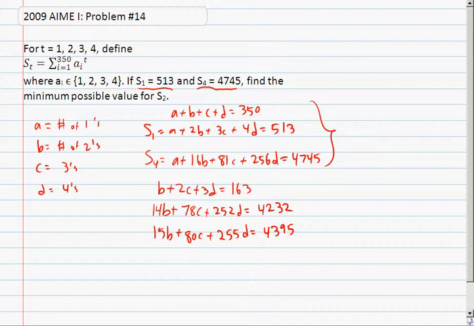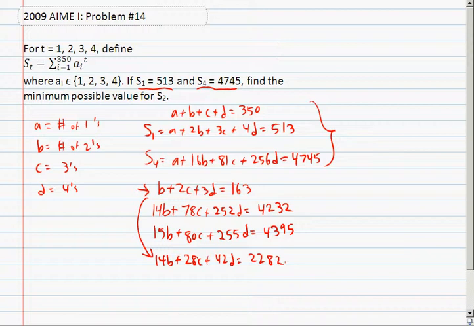So with these equations, what we can do next is take the equation b plus 2c plus 3d equals 163 and multiply both sides by 14. Doing so gives us 14b plus 28c plus 42d, with a right-hand side of 2282.